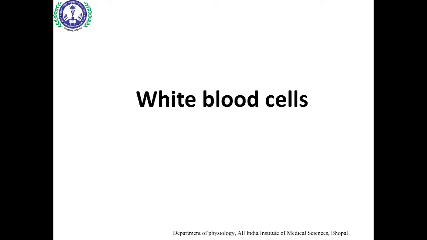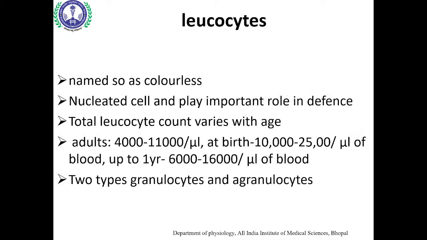They are colorless in comparison to RBCs, though they can be stained. They can take acidic dyes or basic dyes depending upon their affinity, but as of their original color, they are colorless, right? So they are named so because they are colorless.